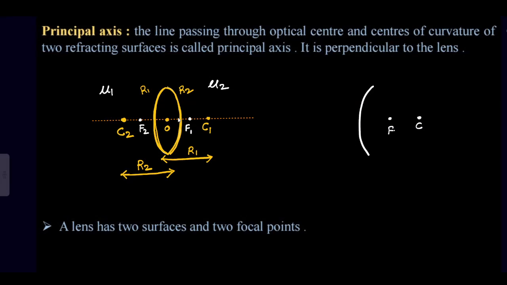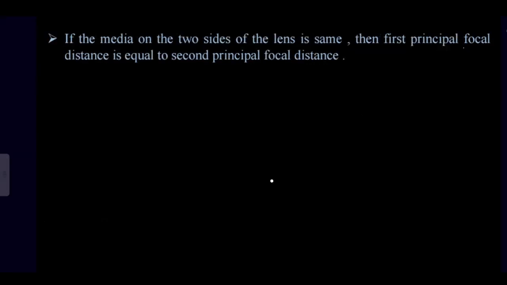If they are not equal, the focal lengths are different. But here one focal length is in the positive direction and the other is in the negative direction. That's why we write mod F1 equal to mod F2. The focal length magnitudes are the same.